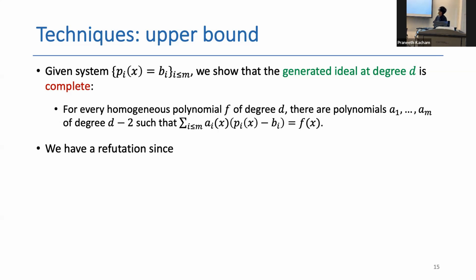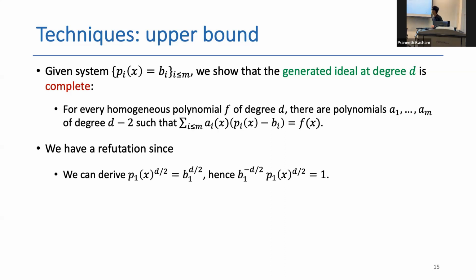So why do we have a refutation given this? First we pick i to be the first equation, P1 equals B1, and we can derive P1 to the d over 2 equals B1 to the d over 2. Then we just move B1 to the left side, and we get this.